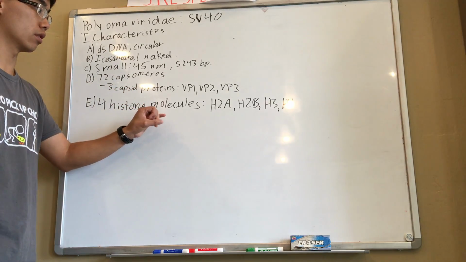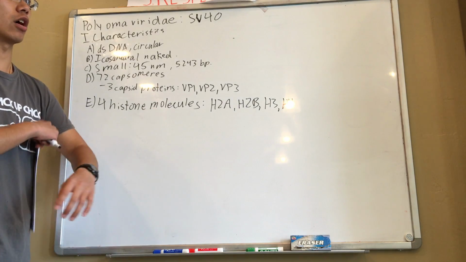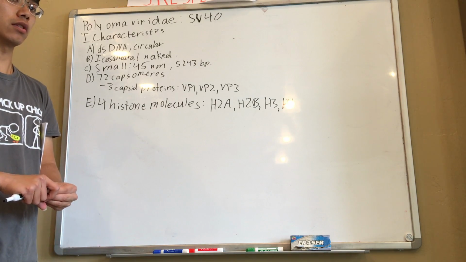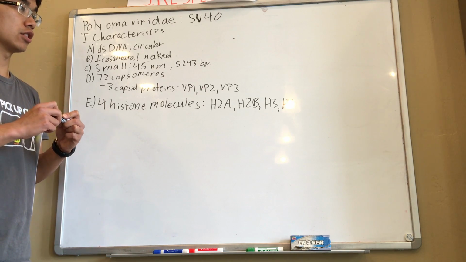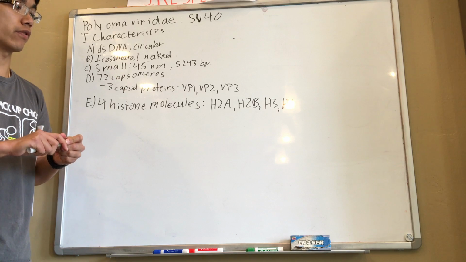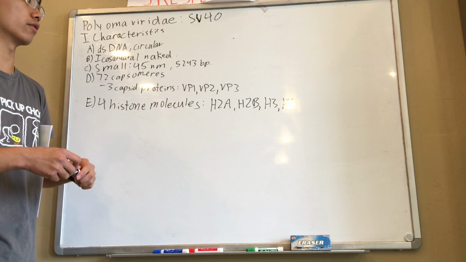It exploits a lot of the cellular machinery, and it has a lot of analogous genes, meaning that it has genes that do the same function as many of the cellular genes do in terms of regulating DNA synthesis and cell growth and so forth.